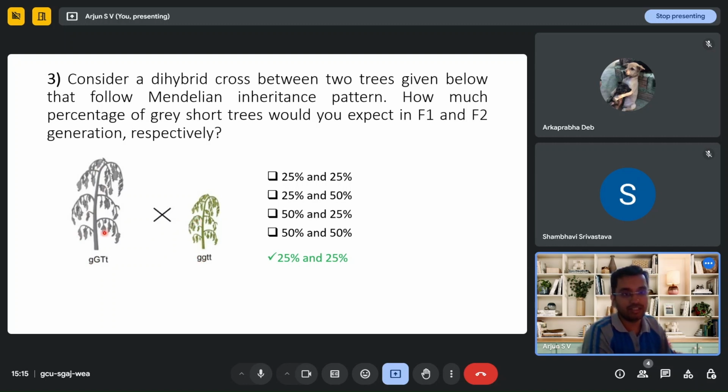So gray is a dominant one, and we know that if you cross it in F1 generation, gray will give rise to one gray and then three greens, which will be 25%. And if you cross it further, you will get one fourth into one fourth plus one fourth into one fourth, which will be 25%. It will be two times one by two into one by two, which will be 25%.